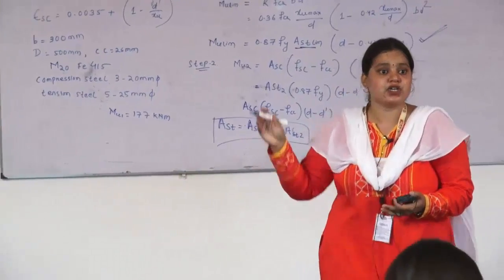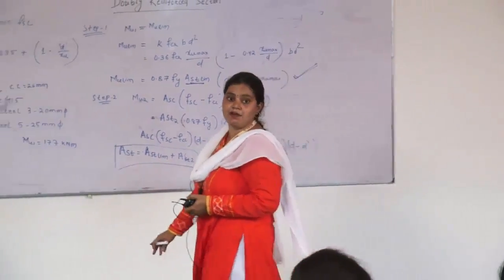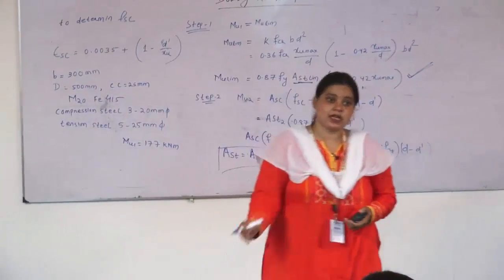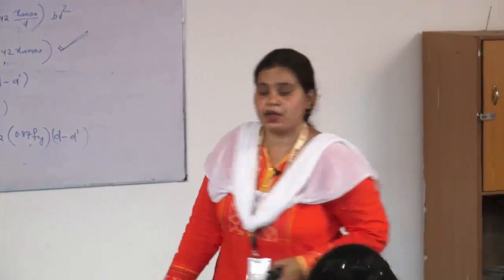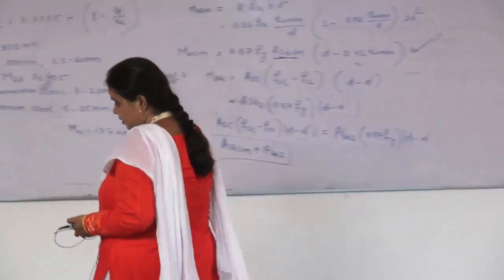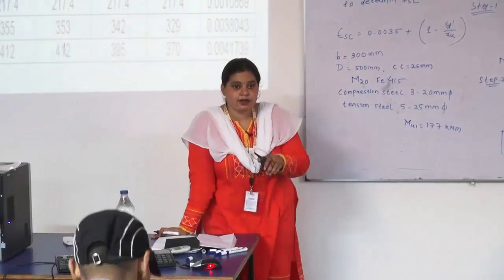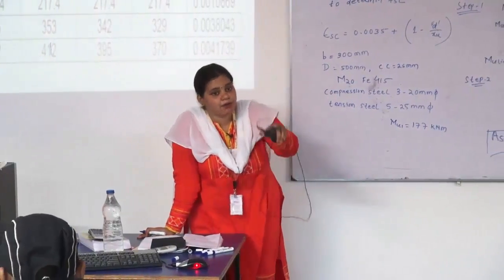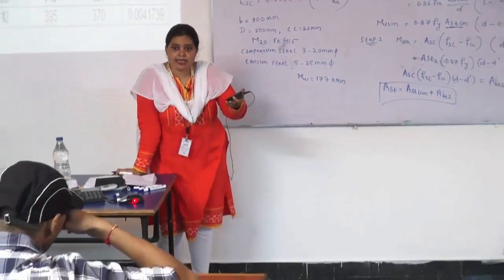Okay. Now what is your total AST? 5 number of 25 mm dia bars. Calculate 5 into pi by 4 into 25 square. That is 2454, which is greater than AST1. Okay, now we can find AST2.